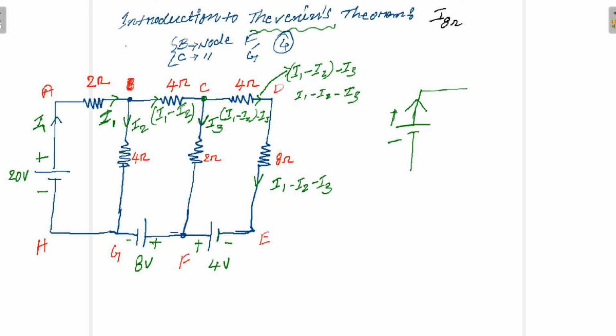If current moves away from the positive polarity, it is nothing but the battery discharging. The battery is giving energy to the elements connected to it. So whenever current flows from the positive terminal of the battery, it is discharging.